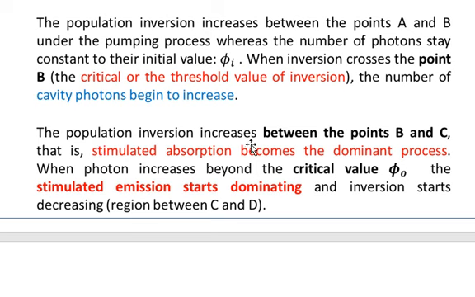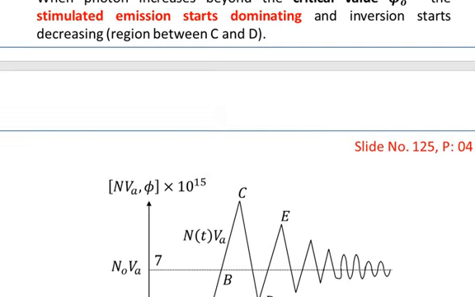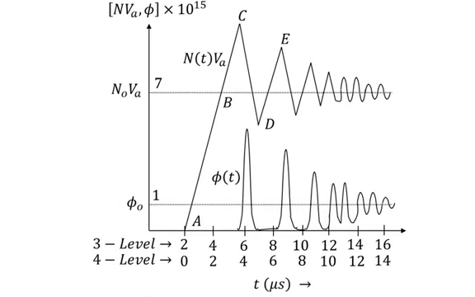Now the population inversion increases between points B and C. That is the stimulated absorption becomes the dominant process, so from B to C, stimulated absorption becomes the dominant process.